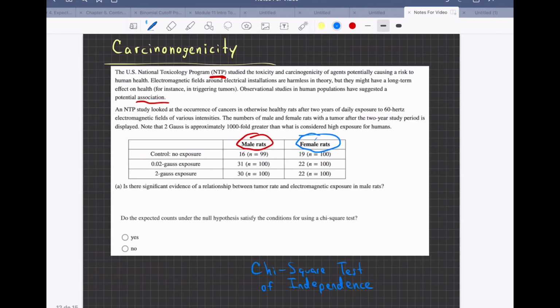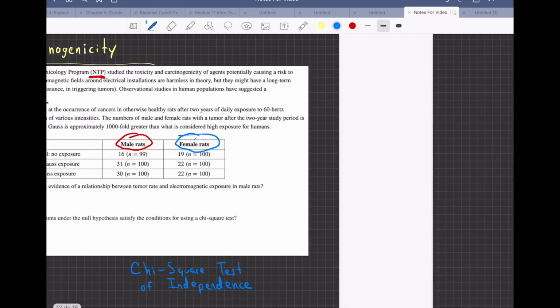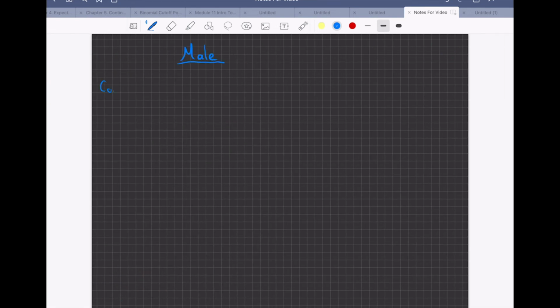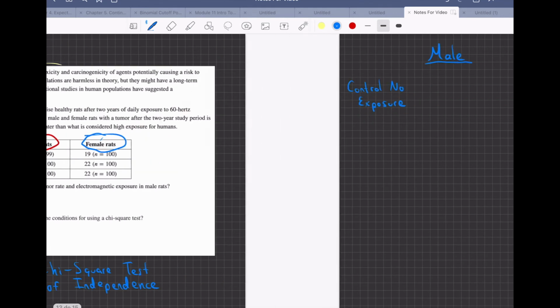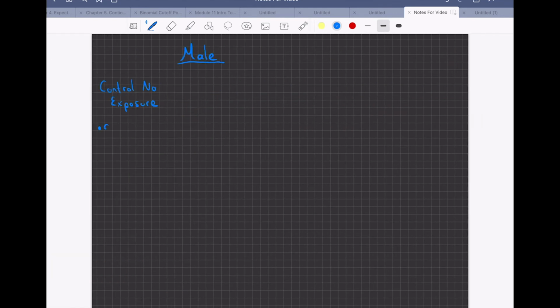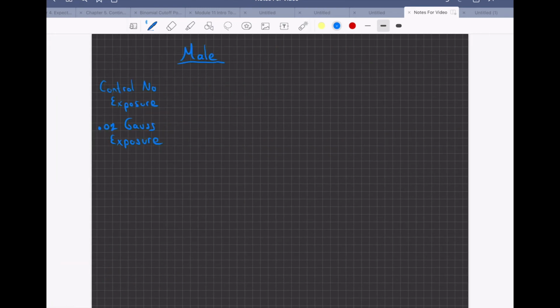The categories for the kind of exposure are control, no exposure, 0.02 Gauss exposure, and 2 Gauss exposure.